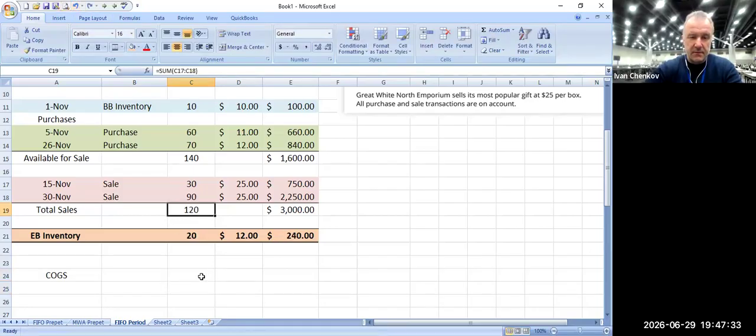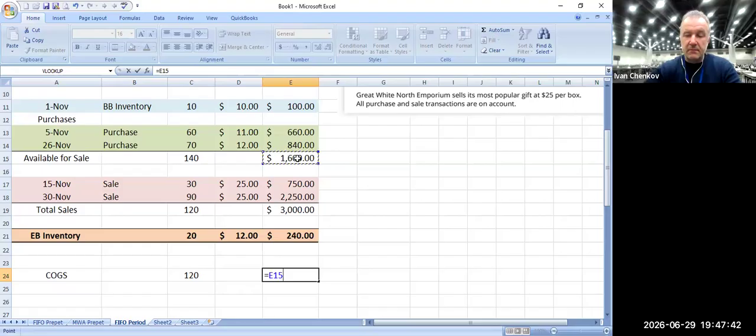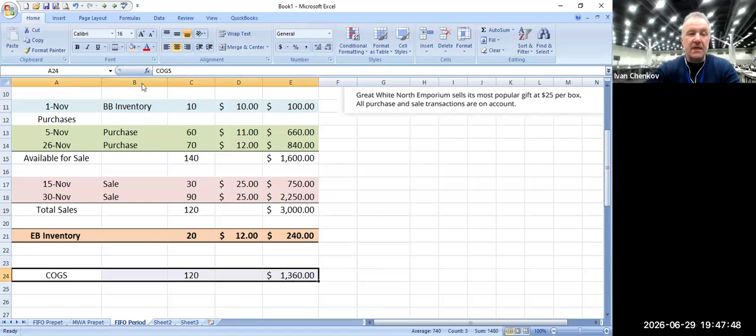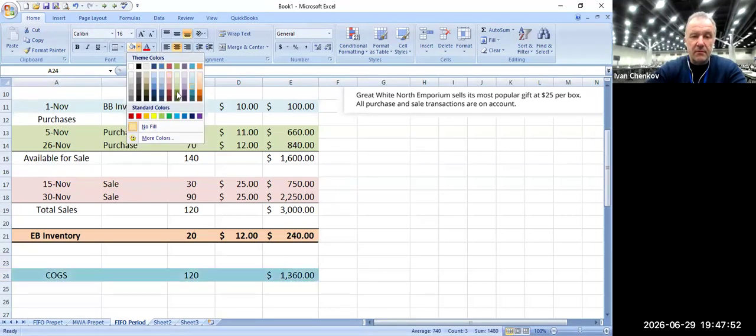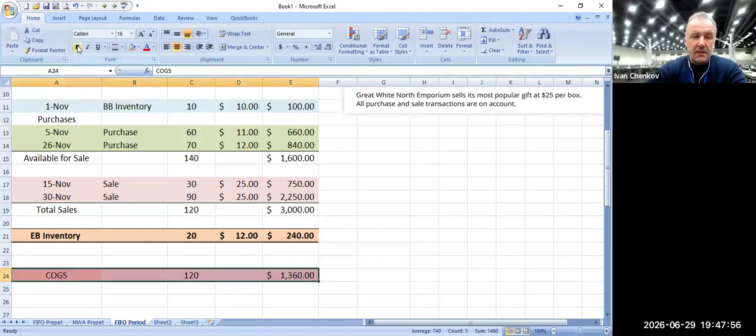What is the cost? Cost is the available for sale minus ending balance, we're getting cost of goods sold. That's how simple it is. Now we're not doing any moving average, anything like that. We're just simply getting the available for sale minus the ending inventory cost of goods sold.